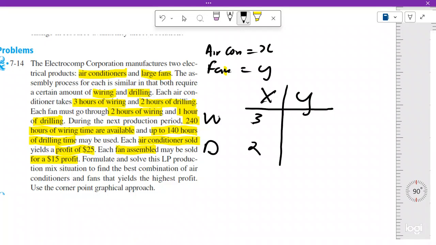Then for the fan, we have 2 hours of wiring and 1 hour of drilling. Then we are given the time: 240 for the wiring, 140 for the drilling. Then we're given the profits.